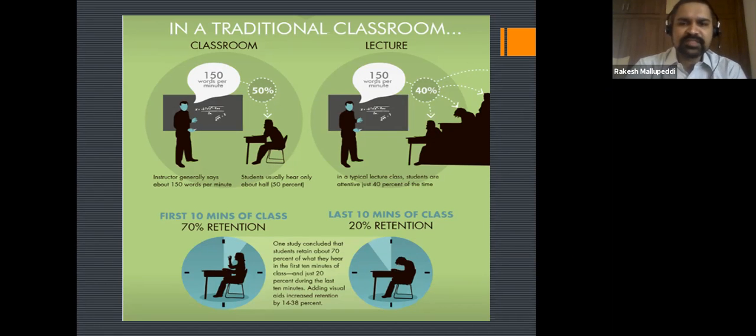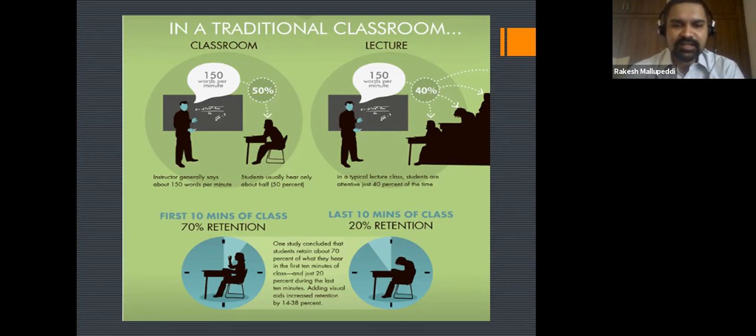If you see the figures, 50% or 40%, the majority of the words that we are speaking are going to waste, right? They are not going into the brain of the student.